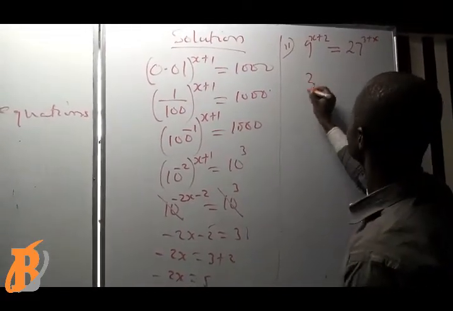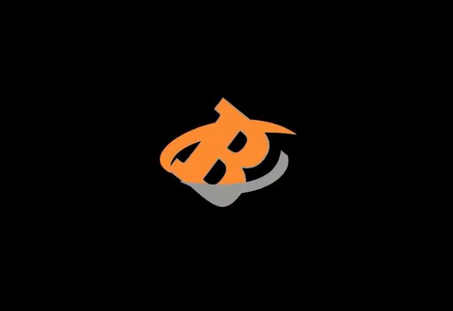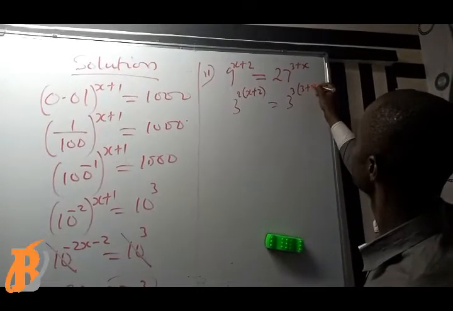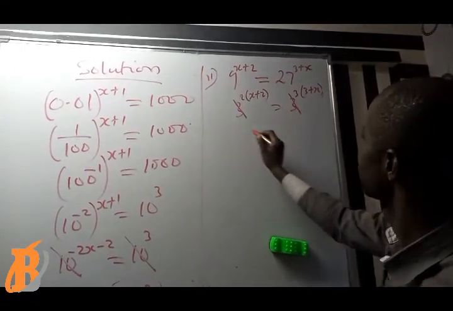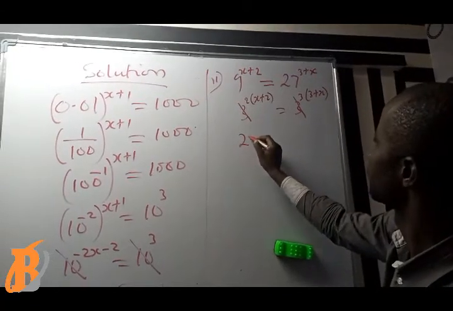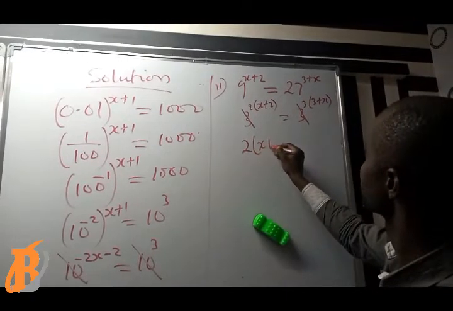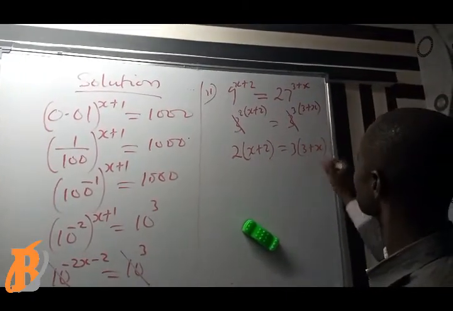That here will be 3 raised to power 2, open bracket, x plus 2, equal to 3 raised to power 3, all to the power of 3 plus x. They are equal. That is 2 into x plus 2 equal to 3 into 3 plus x.